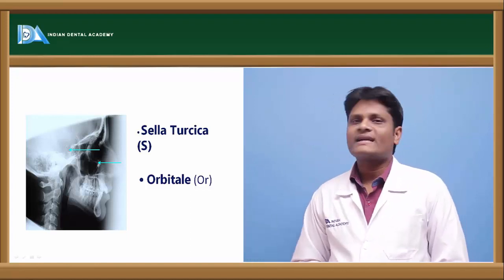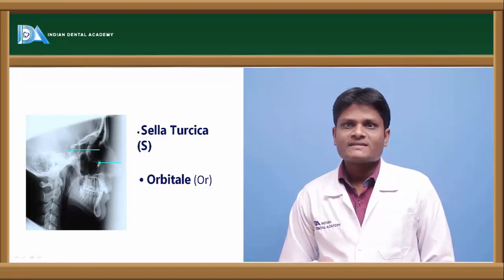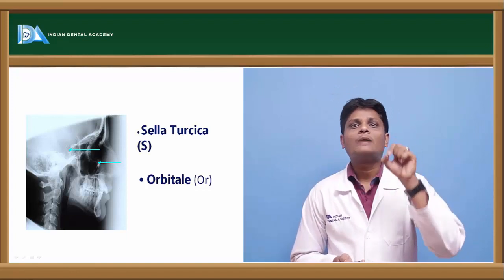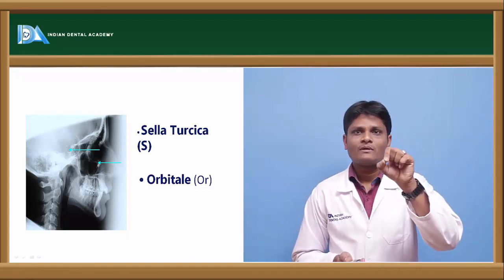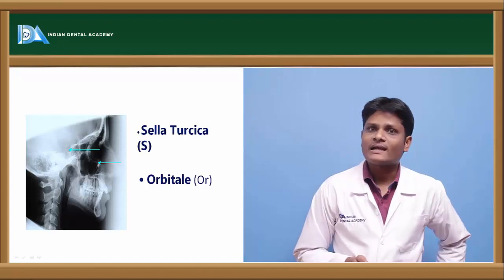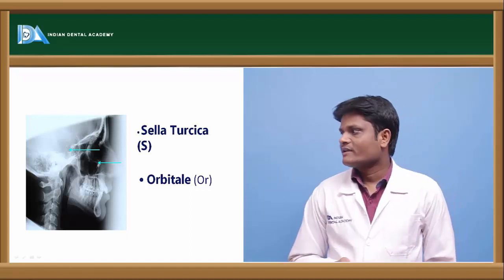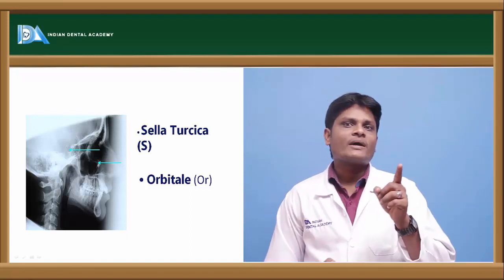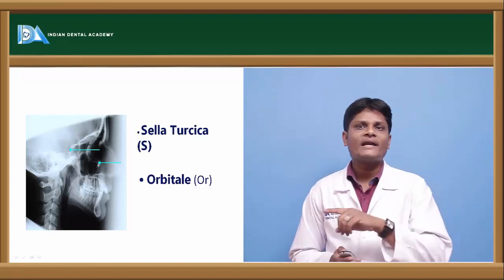One is sella turcica. It is nothing but the midpoint of the pituitary fossa or hypophysis cerebri. This is called sella turcica. The next one is orbital. Sella turcica is a unilateral landmark, whereas orbital is a bilateral landmark.